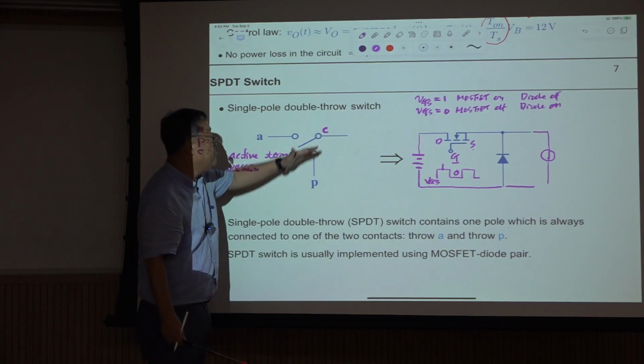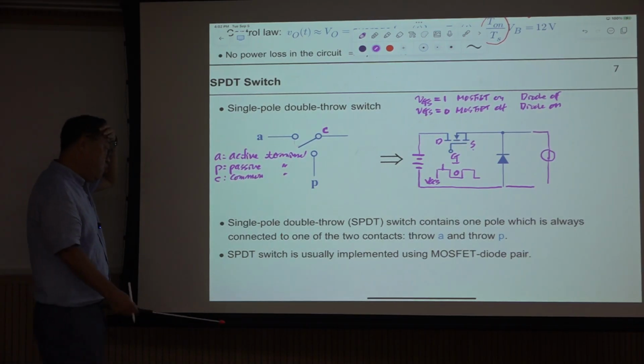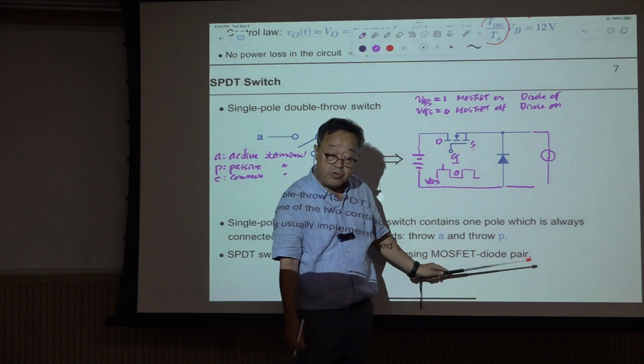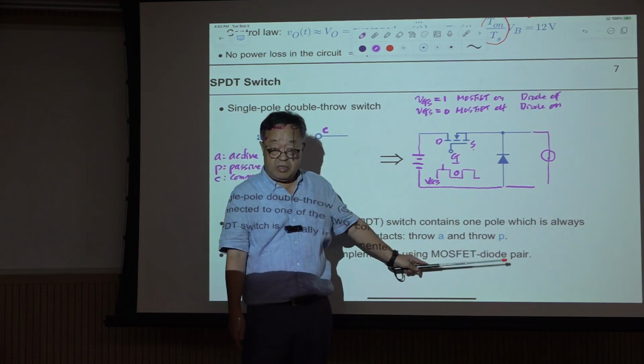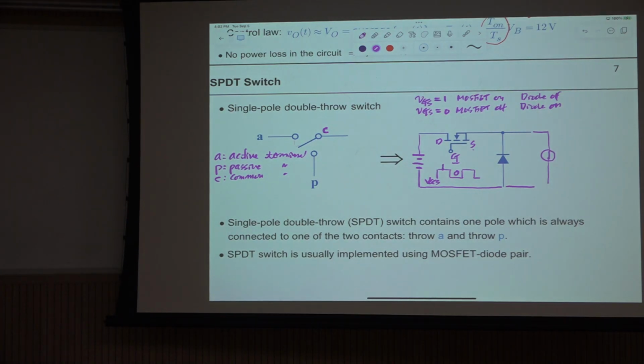This is just a symbolic illustration of this switch. Okay, and usually an SPDT switch is implemented with a MOSFET and a diode. In the past, they used something else, but we are using this particularly for the speed of operation. So this SPDT switch is playing a critical role in PWM DC-to-DC power conversion.